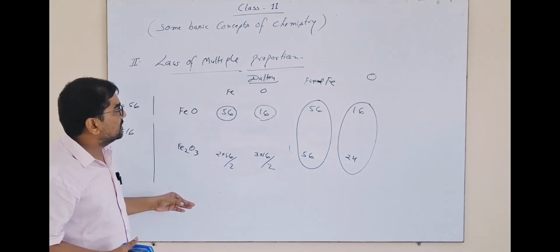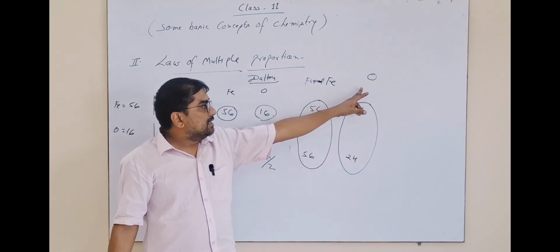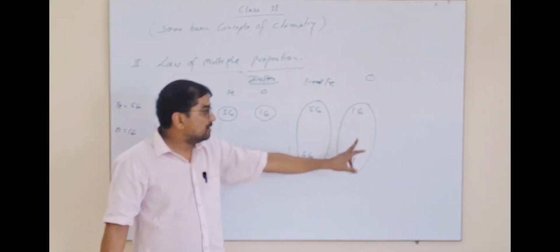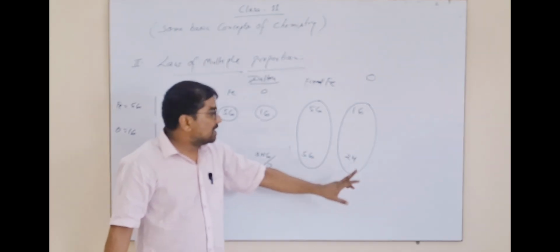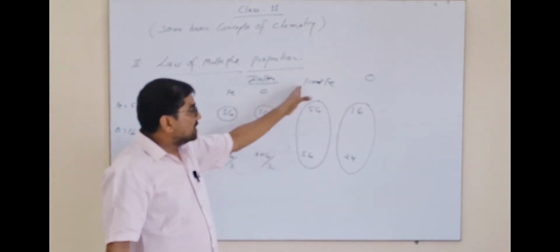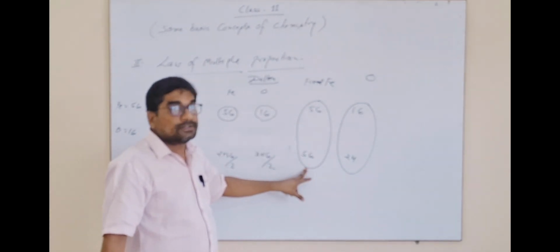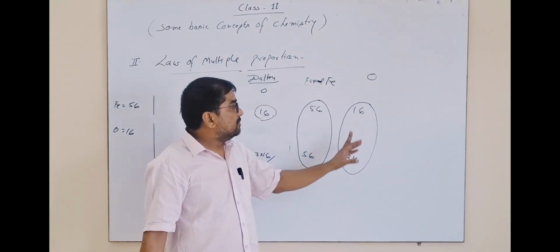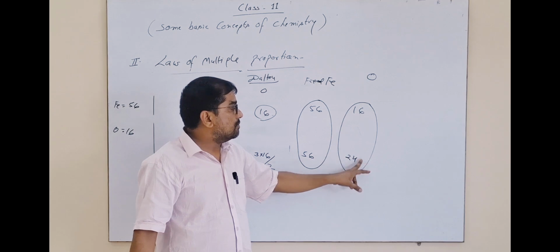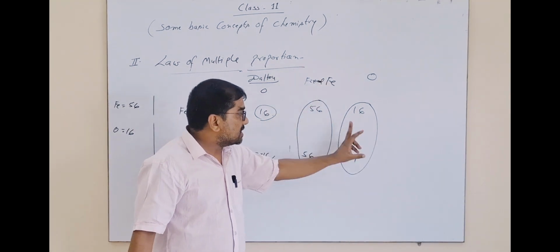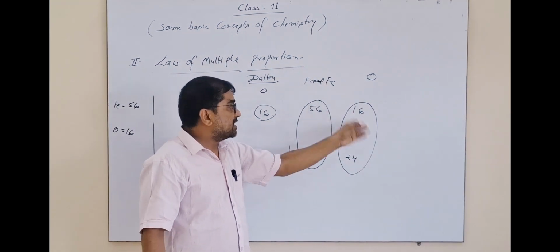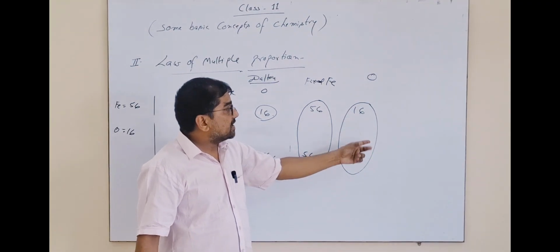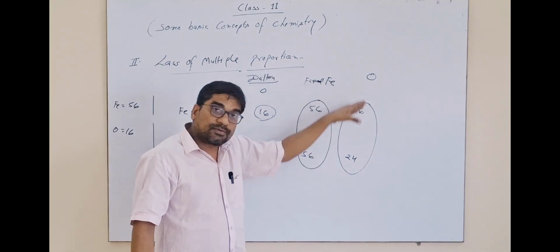I repeat in simple words. When an element with variable proportion by mass reacts with another element with the fixed proportion, resulting in two or more than two compounds, there will be a simple whole number ratio among the masses of the element that participate not in a definite proportion, or that participate in variable proportion.